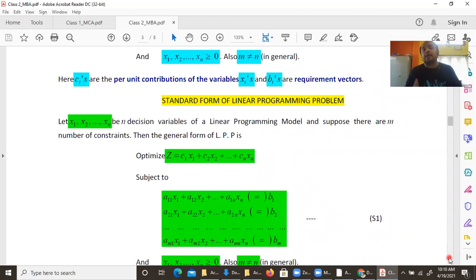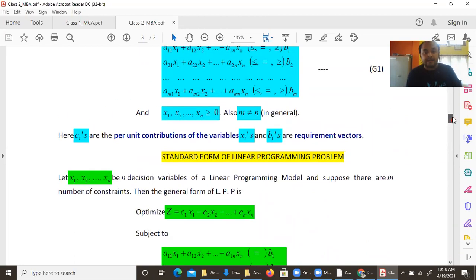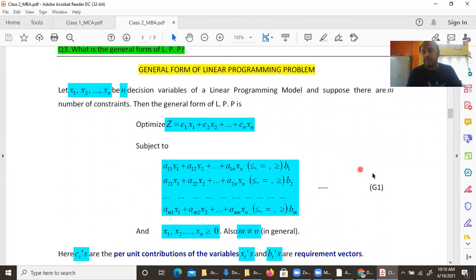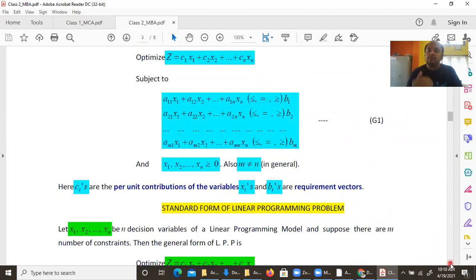But if you are asked to write the standard form in the examination, you have to consider this system one, and if you are asked to write the generalized form, you have to write the entire system, which I mentioned as G1. So here I'm only talking about the distinction between the generalized form and the standard form.